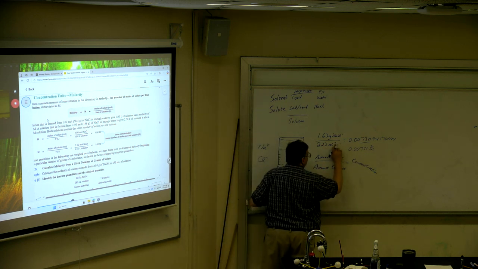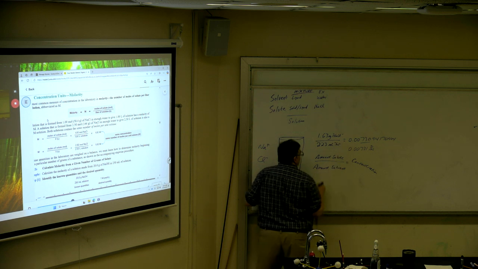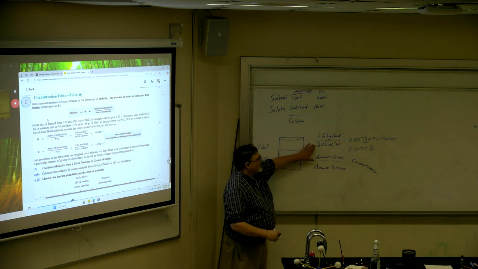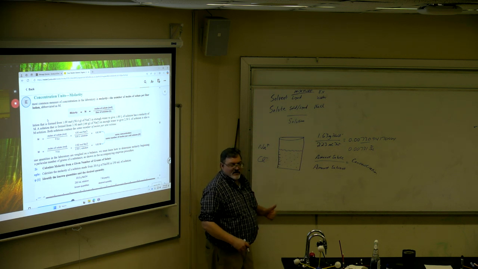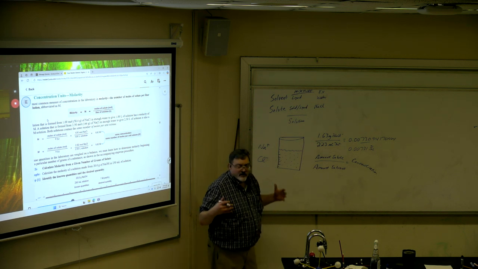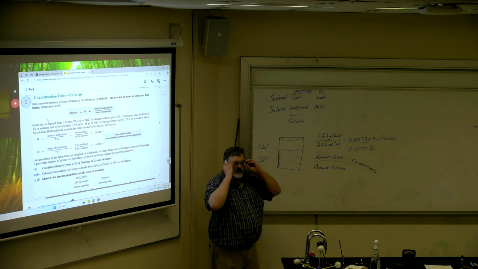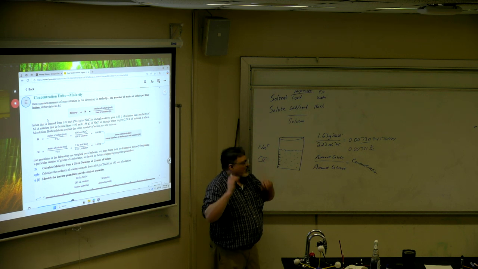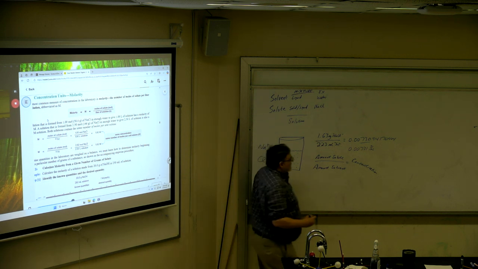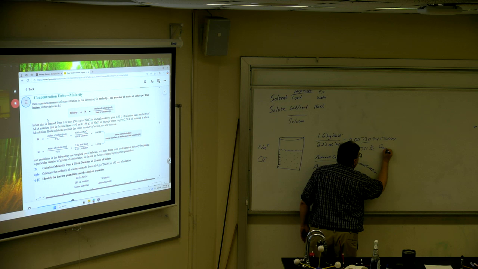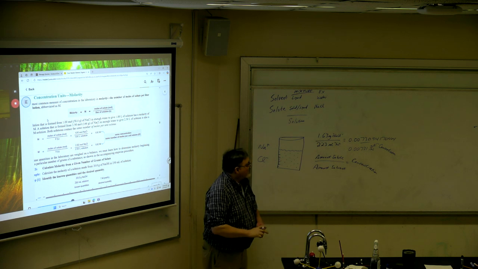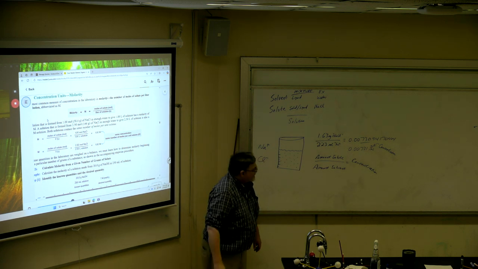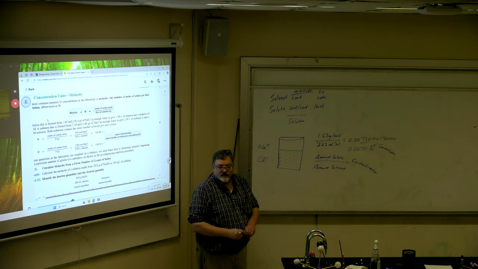I should say solution here. Because within that volume now, these ions exist in there too, so it's the volume of the solution after you put the solute in there. So this is a concentration. The concentration of this solution I'm talking about is 0.00731 grams per milliliter. That's a concentration.